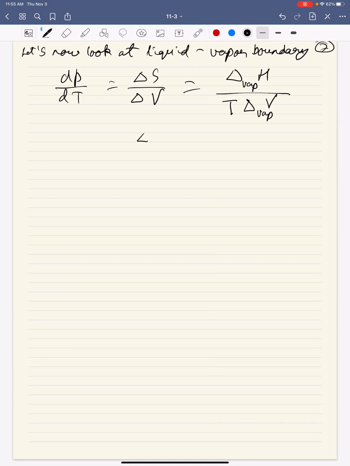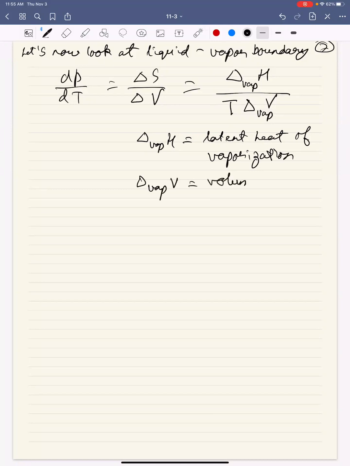So delta vap H is the latent heat of vaporization. Delta vap V is the volume change during vaporization. Once again, and I think this is true even for helium-3, the heat of vaporization is definitely positive.